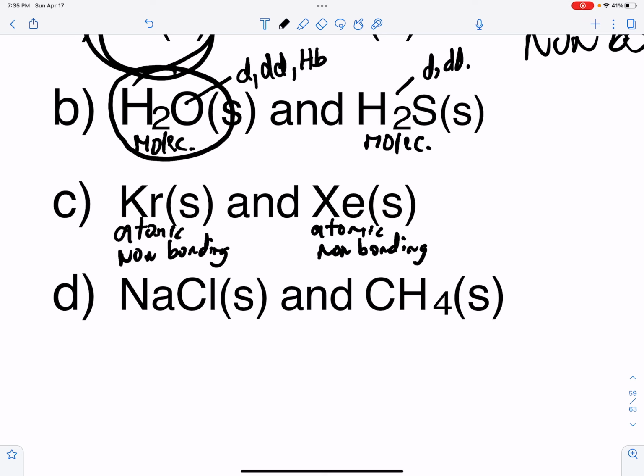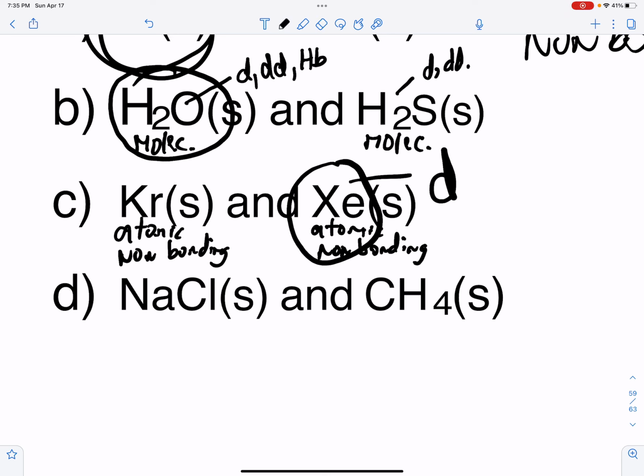So which one weighs more? Xenon is below krypton, so xenon will be the biggest one, which means the dispersion forces are gonna be stronger than this one. So xenon would be the one with the higher melting point.